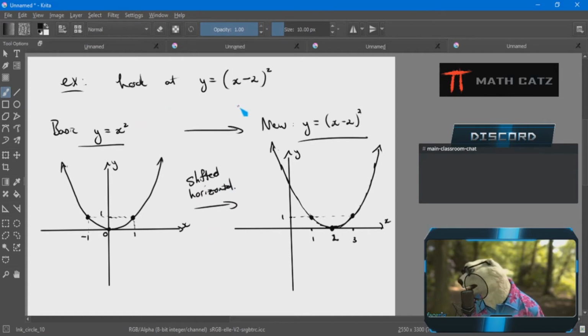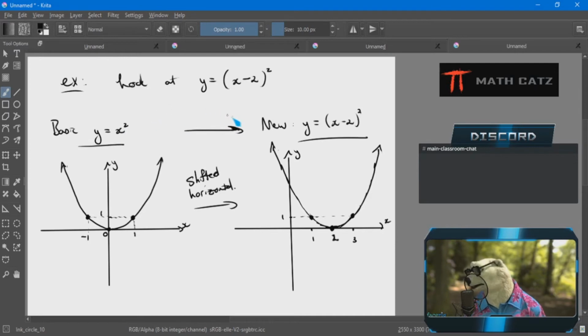How did I change the function? Because that still happened first. Now, many people would just casually say, oh, I subtracted 2 from x. It's not quite clear enough to say it like that so that it works for other more complicated functions as well.